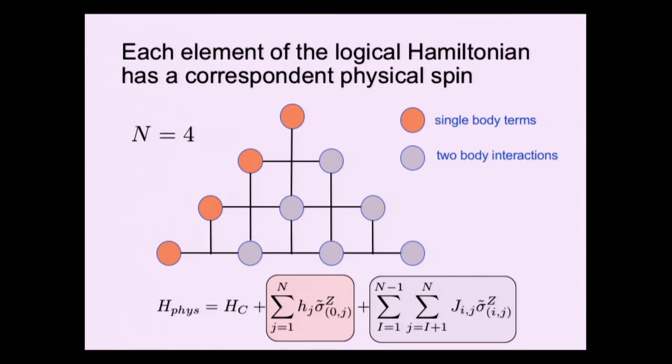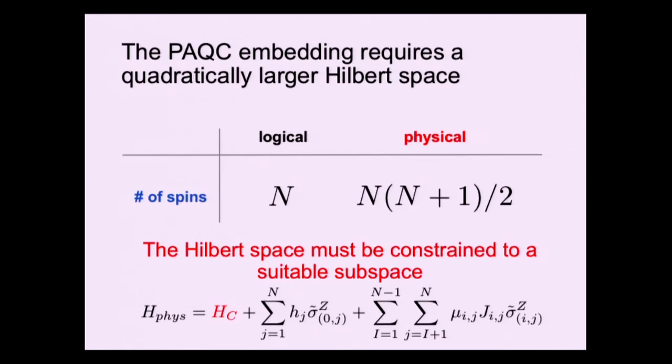What is H_C? H_C is required because, as a constraint, we are embedding our system in a much larger Hilbert space. In order to reconstruct the logical dynamics, we need a Hamiltonian that can bring us to a suitable subspace.